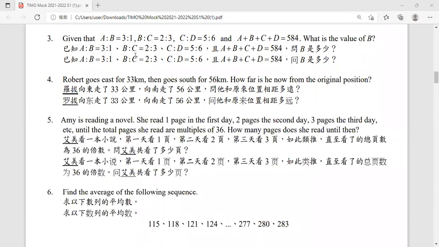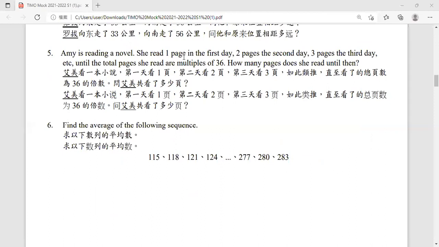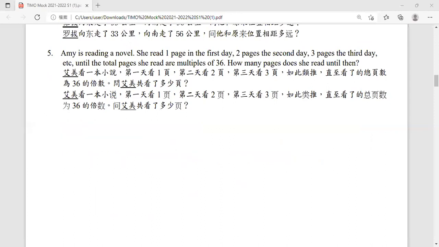Okay, next one. Question 5. Very simple. You are solving this kind of question.